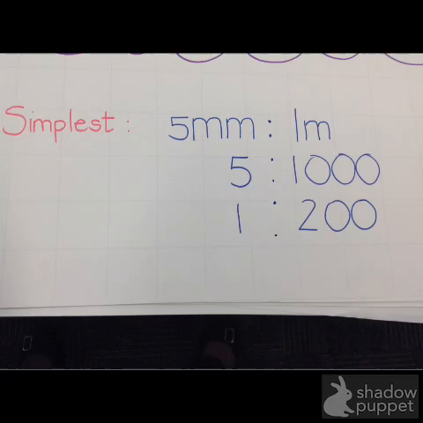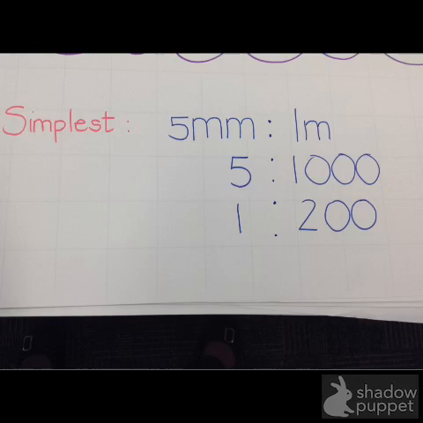Now let's look at what we're doing here. We're going to start off with 5 millimeters is to 1 meter. You know what the rule is: you have to bring it down to the smallest unit, and the smallest unit is millimeters. So we just take down our 5 because it's already in millimeters, and then we use our scale to take us from a meter to millimeters, and that works out to 1,000 millimeters.